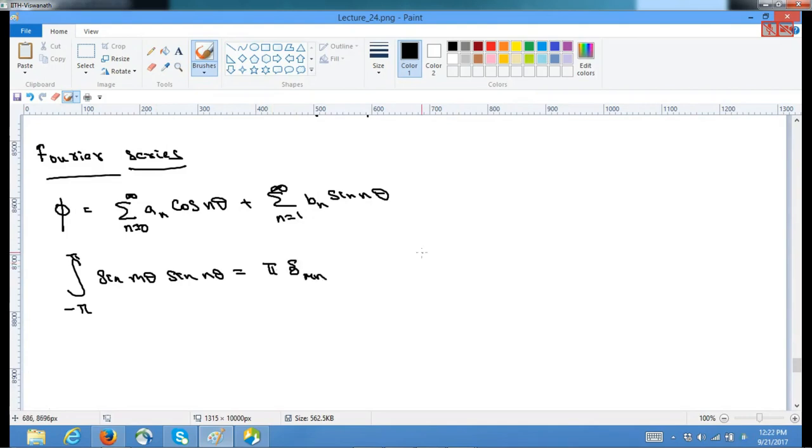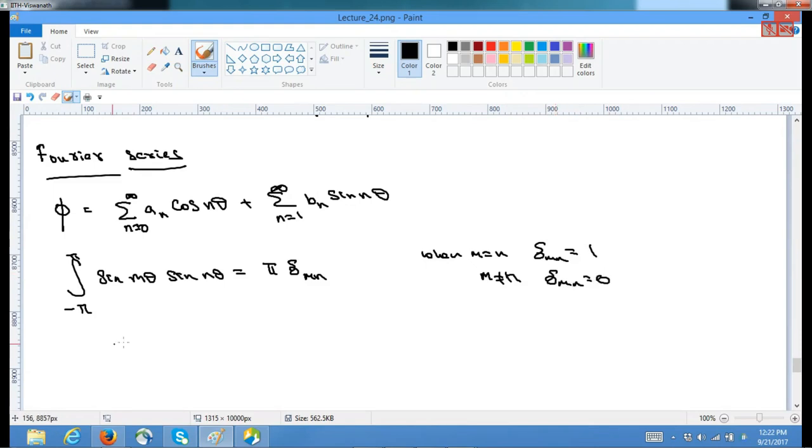That is, when m equals n, delta mn is equal to 1. If m is not equal to n, delta mn is equal to 0.